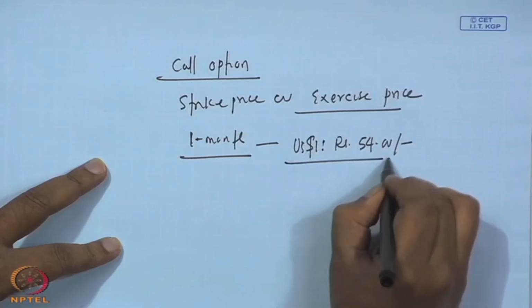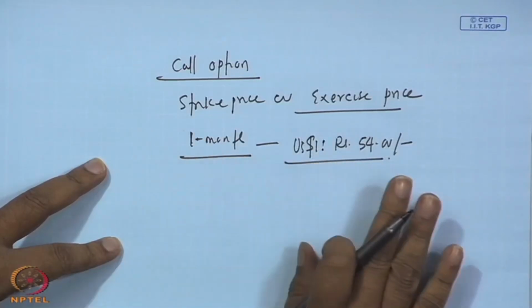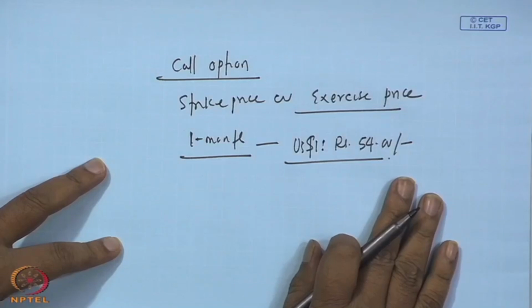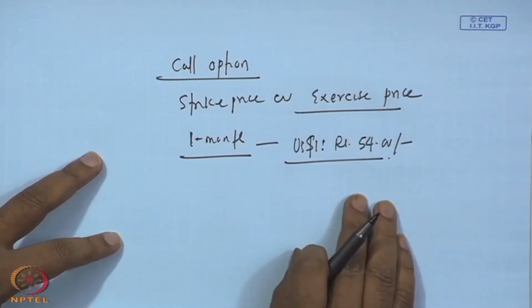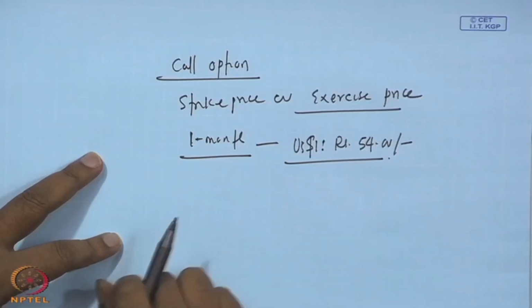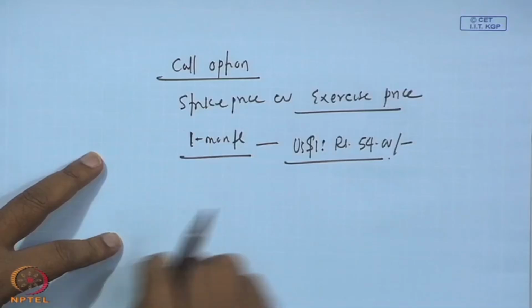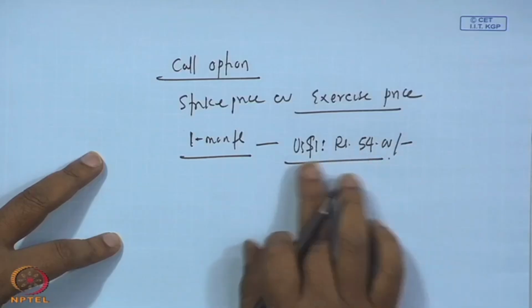Since you have purchased a 1 month option, in India we generally follow the European exercise, where you exercise the option at the date of maturity. So at the end of 1 month, the expiration date, if you exercise the option, the seller will give you $1 for 54 rupees.